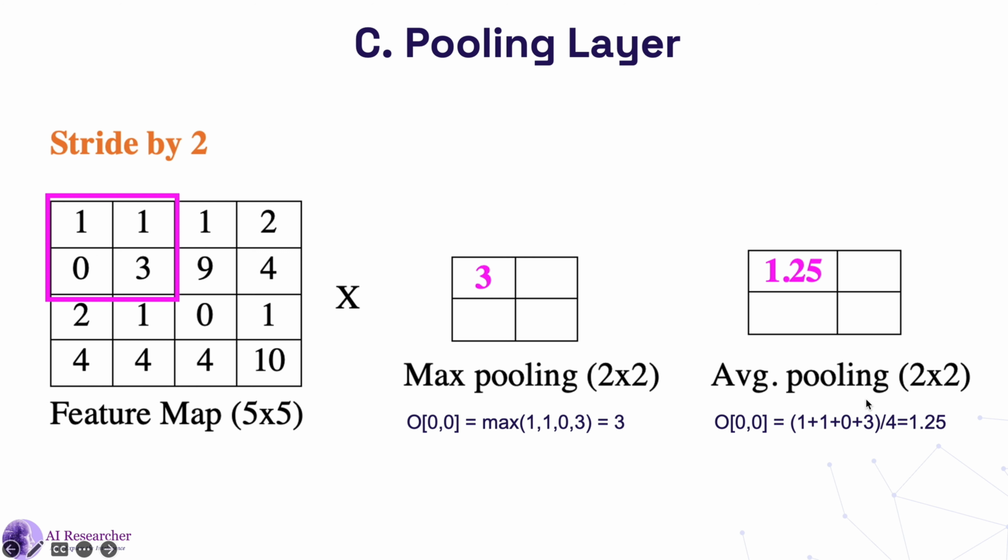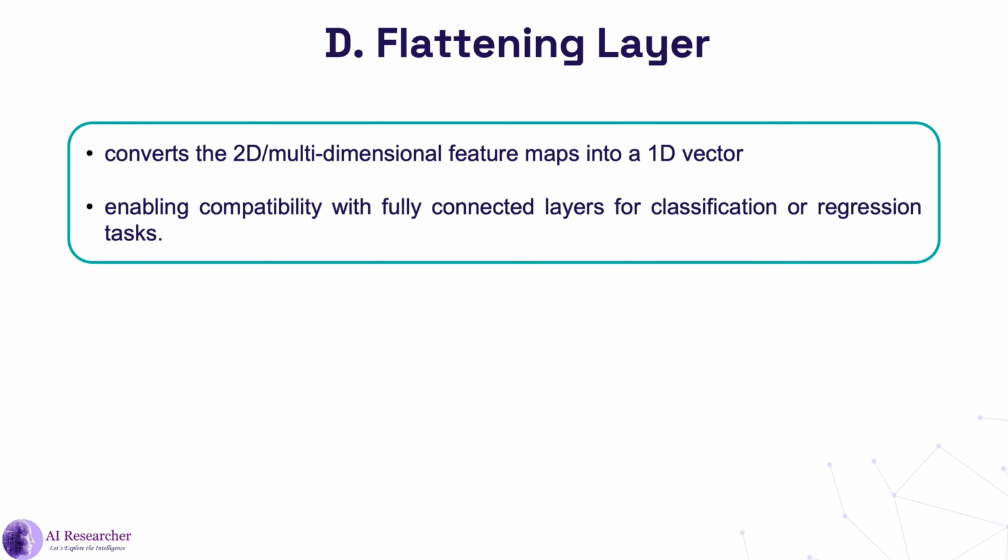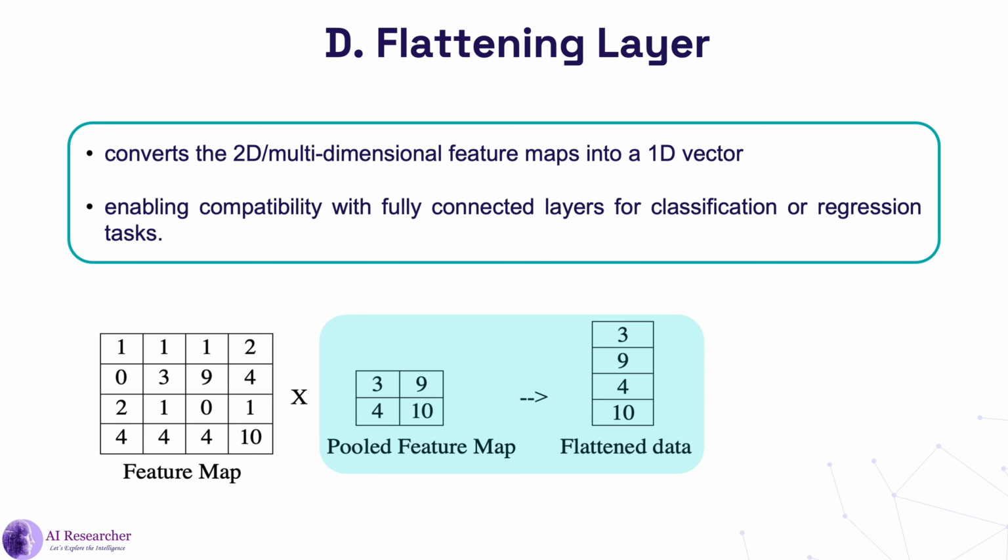Next component of a convolutional neural network is the flattening layer. This layer is typically used to convert two-dimensional or multidimensional output, for instance a pooled feature map from the preceding convolutional and pooling layers, into a one-dimensional vector. After the pooled feature map we get a flattening layer, and that's the role of the flattening layer.